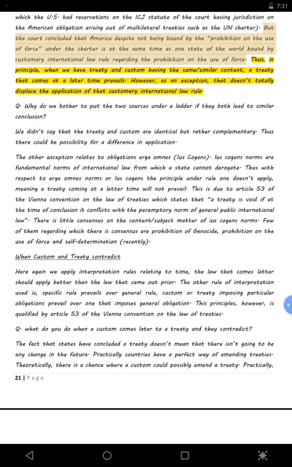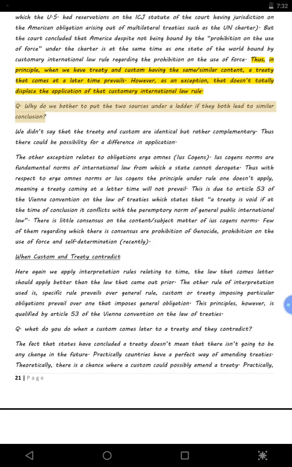But the court concluded that America, despite not being bound by the prohibition on the use of force under the Charter, is at the same time, as one state of the world, bound by the customary international law rule regarding the prohibition on the use of force. Thus, in principle, when we have treaty and custom having similar content, a treaty that comes at a later time prevails. However, as an exception, that doesn't totally displace the application of that customary international law rule.